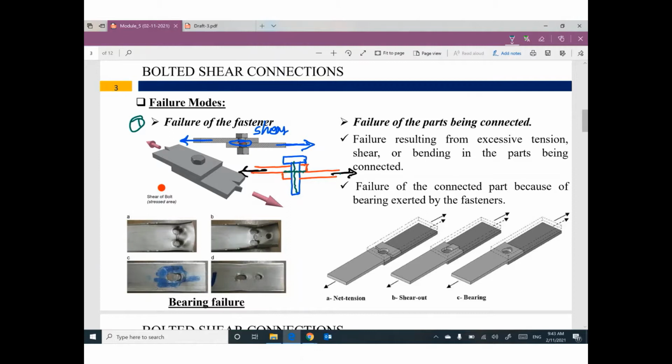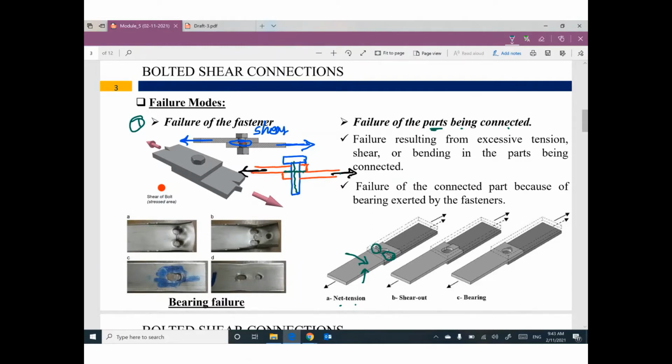The second mode of failure: the bolt is good and can support the applied force, but we have failure in the material which is connected. So failure of the parts being connected, in the member itself or in the gusset plate, like net tension. Can you see here? This is failure in the material itself.